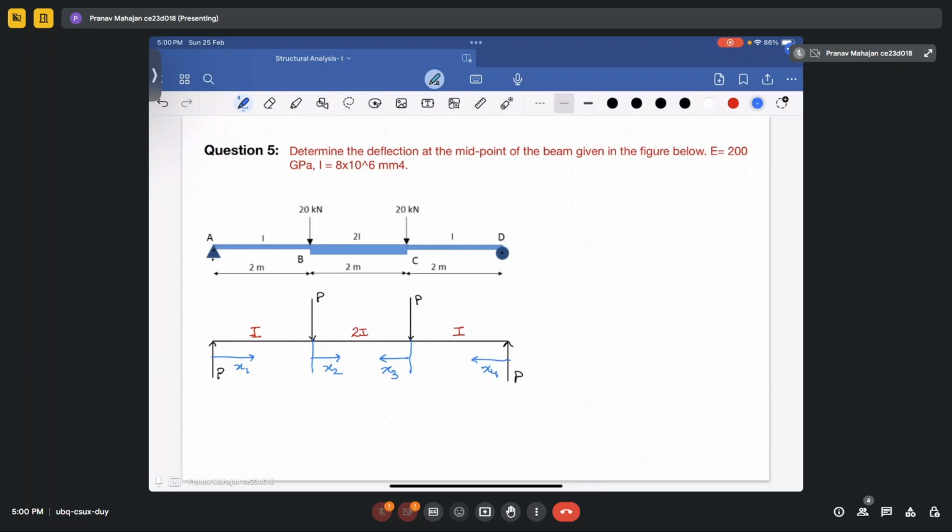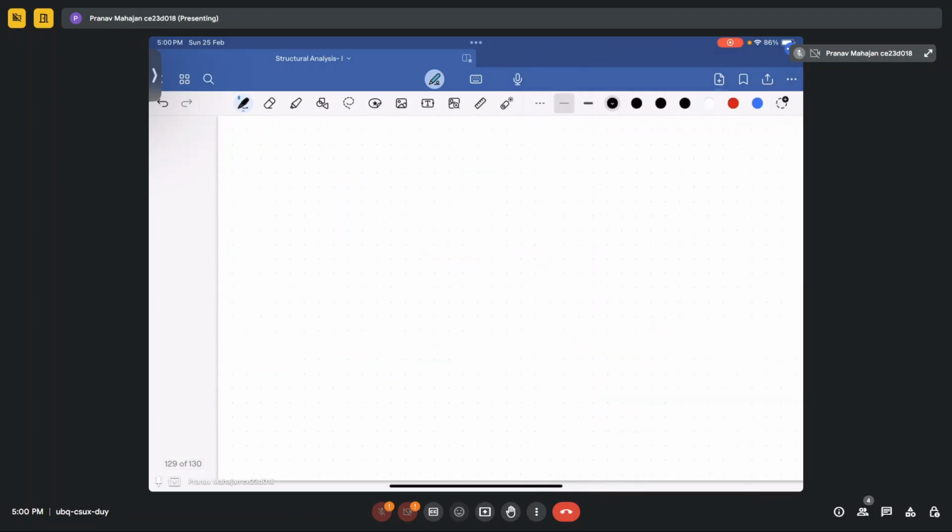Okay. So now what will it be? I think I will write on the next page. From 0 to x1 equal to L, you will be having M1 equal to P into x1. So if you are taking the whole load as a unit load, so what will be the deflection?